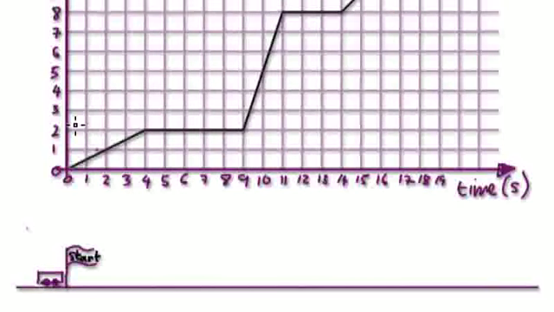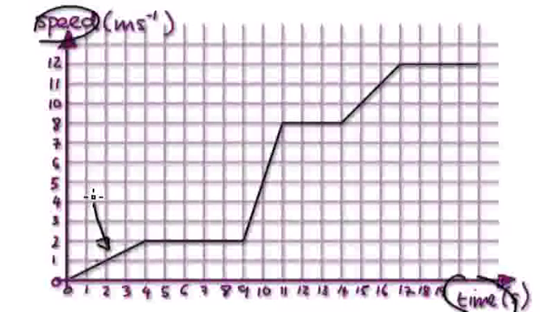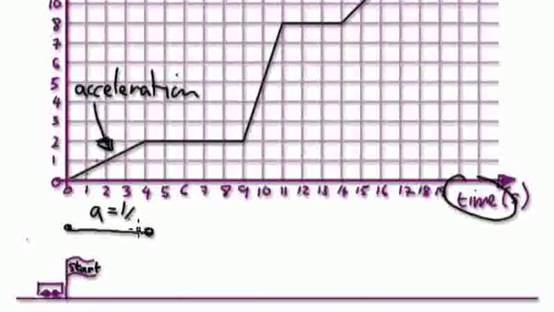So when you're given a speed time graph like this, the gradient actually represents the acceleration. So from 0 to 4, there's an acceleration. The acceleration is a half. But the thing is, a half what?